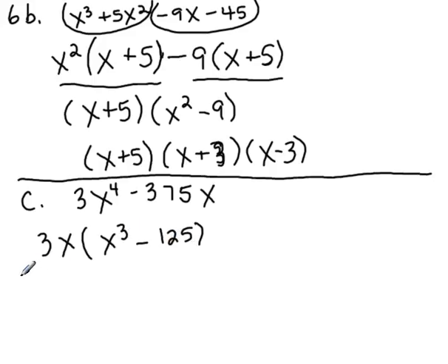So again, I bring down my 3x. You never want to forget to bring down what you've already factored out. And now, the rule for factoring a difference of cubes is take the cubic root of the first term, the same sign, the cubic root of the last term. And now, remember, I don't even need to look at that anymore.